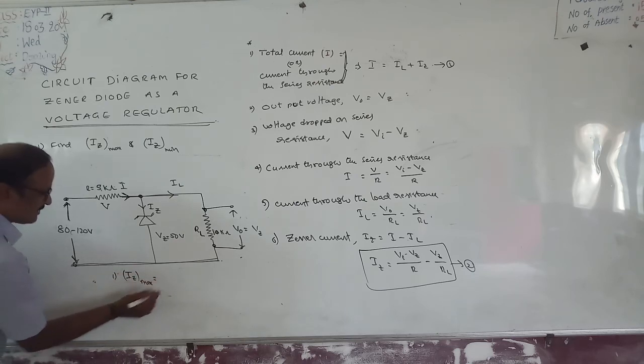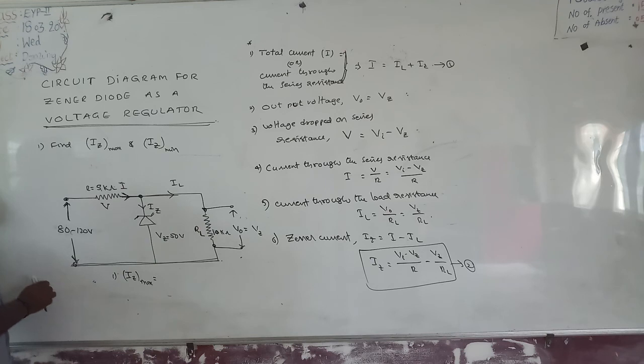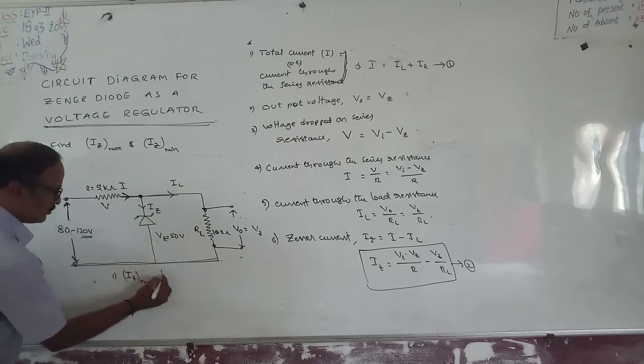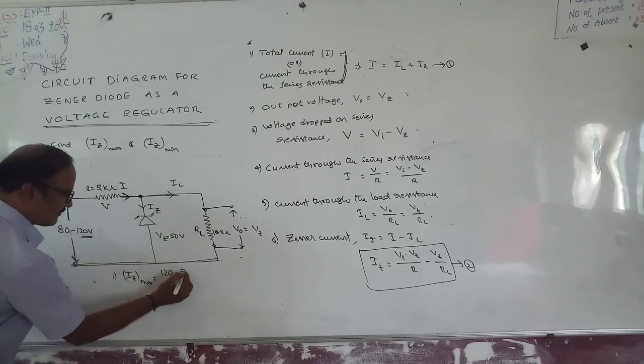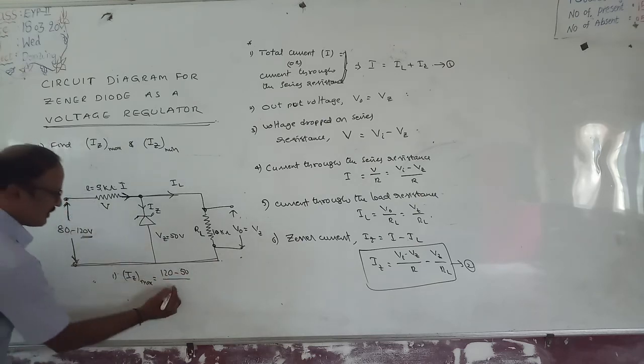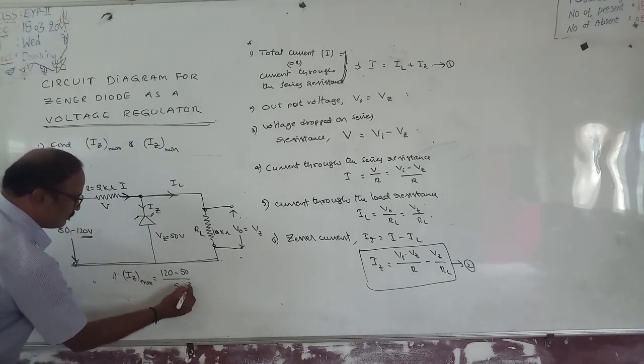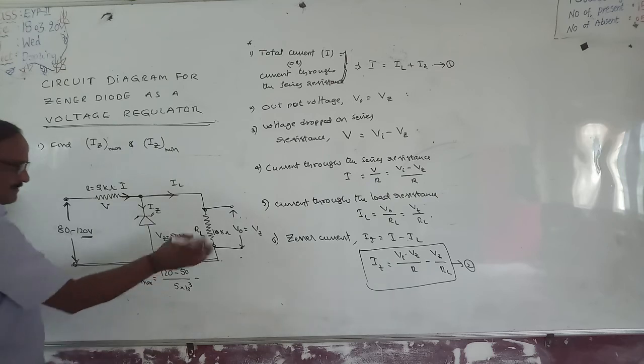Iz maximum is equal to Va minus Vz, with maximum input 120. So Va is equal to 120 minus Vz equal to 50, by R equal to 5 into 10 cube, minus Vz by RL.